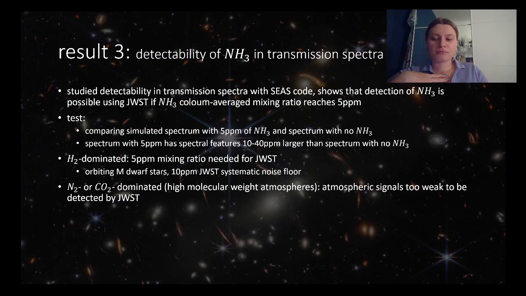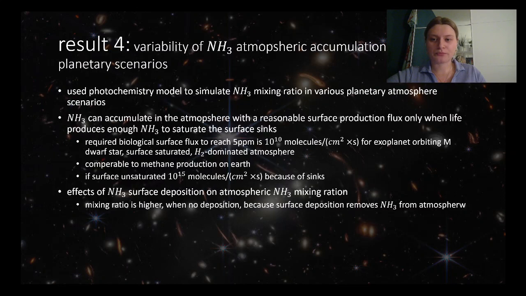The other characteristic of this test that you need to know is that the exoplanet was orbiting an M dwarf star, and that the systematic noise floor from the James Webb Space Telescope is 10 parts per million. They also tested it on N2- and CO2-dominated atmospheres, also high molecular weight atmospheres, and they found that the signal is way too weak to be detected by JWST.